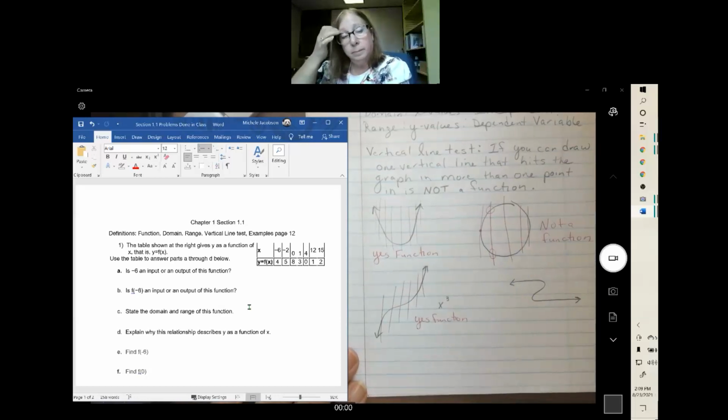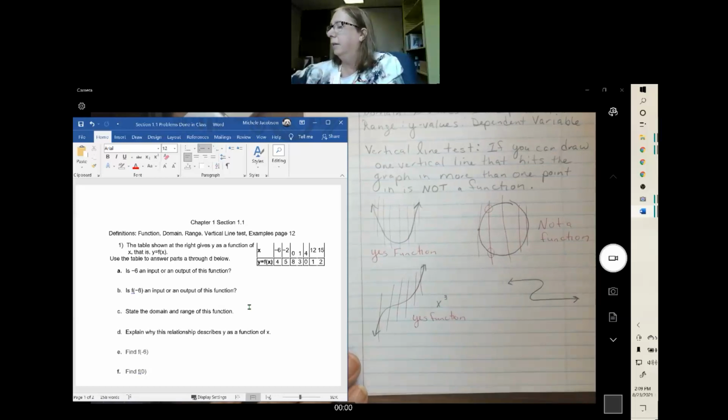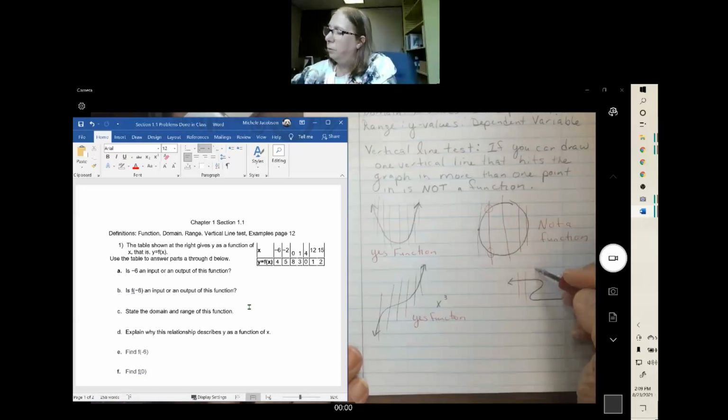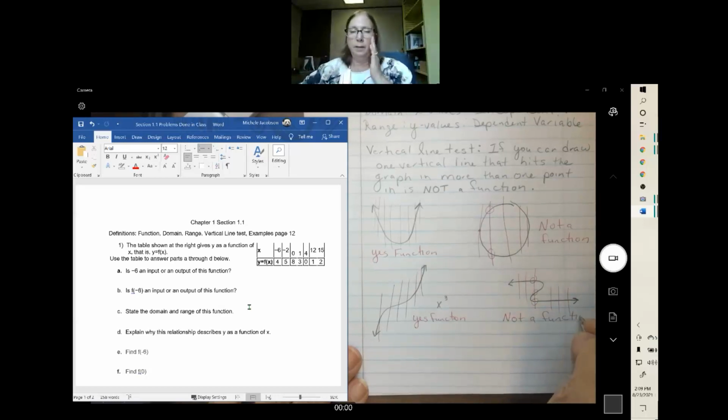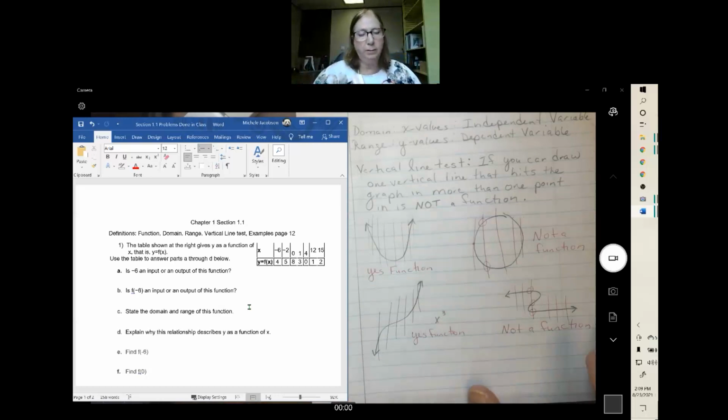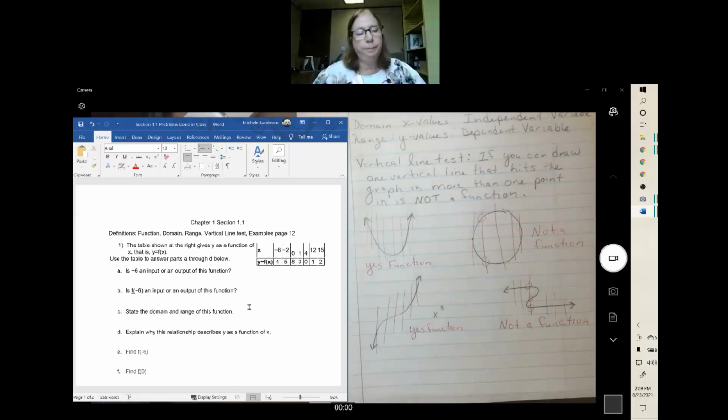Is this graph a function? No. Exactly. There are some you can draw that only intersect, but you only need one line. If it hits more than one point, then it's not a function. Any questions on the vertical line test? Okay.